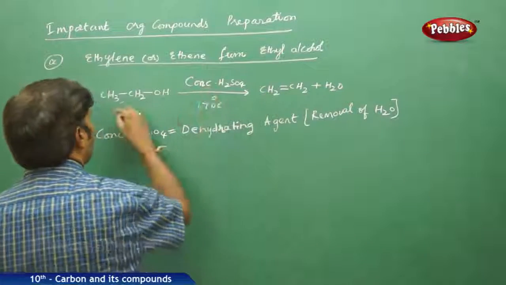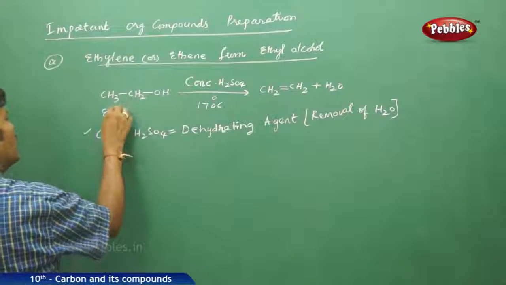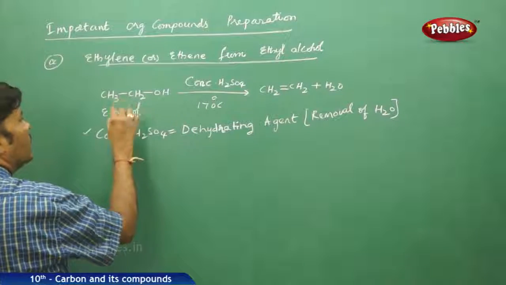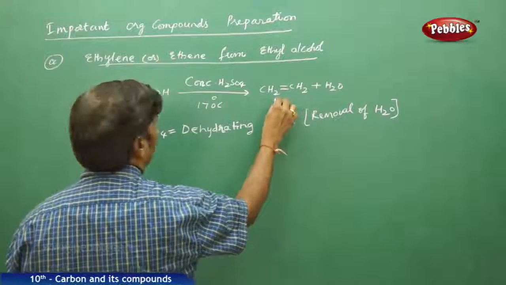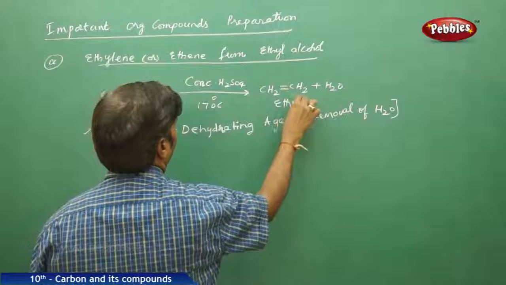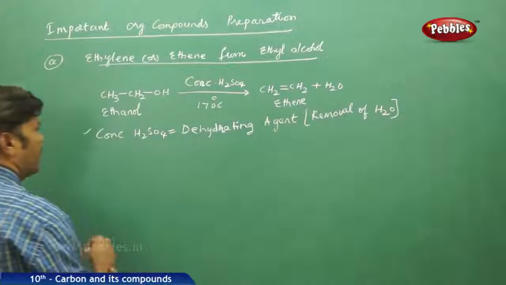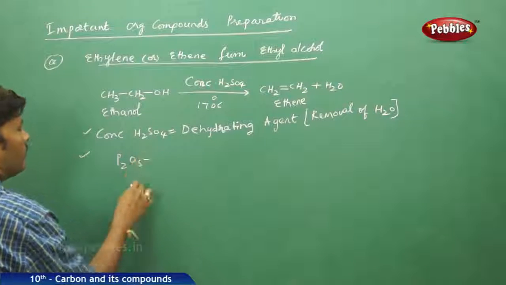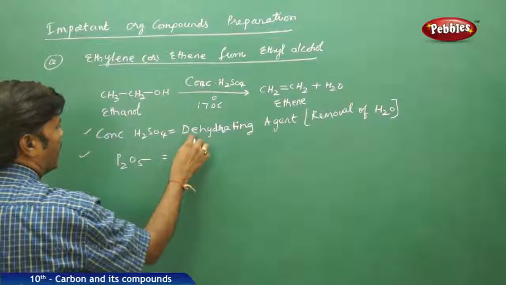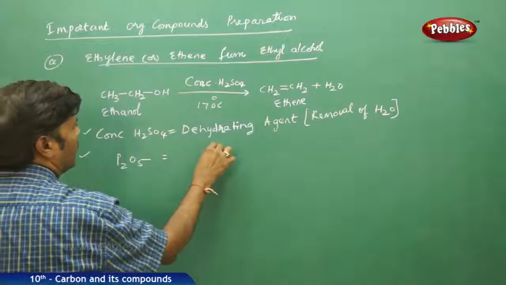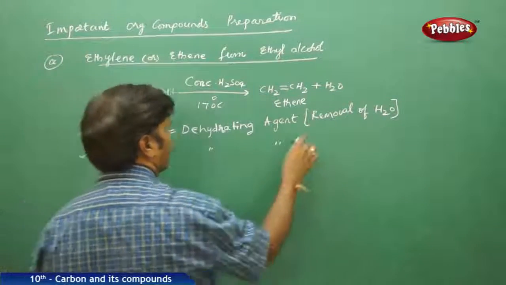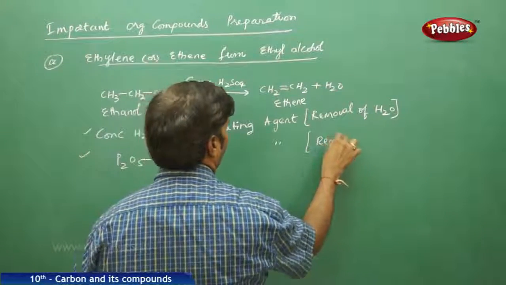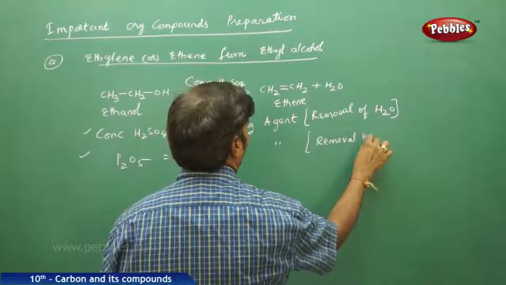The obtained product, this is alcohol, this is ethanol or ethyl alcohol, and this is ethylene or ethene. Sometimes you can take even P2O5, phosphorus pentoxide, which can also act as a dehydrating agent, that is removal of water.